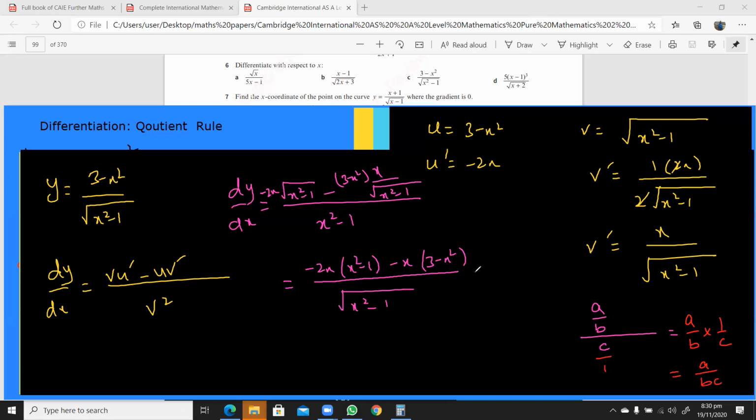So I will be writing this (x square minus 1) as 1 over, this is a very important step. Again, this is your algebra that really puts you in trouble. So this is minus 2x cube and plus x cube. This is going to be plus x cube minus 2x cube, so this is minus x cube. Minus 2x into minus 1 is plus 2x, and this is minus 3x.